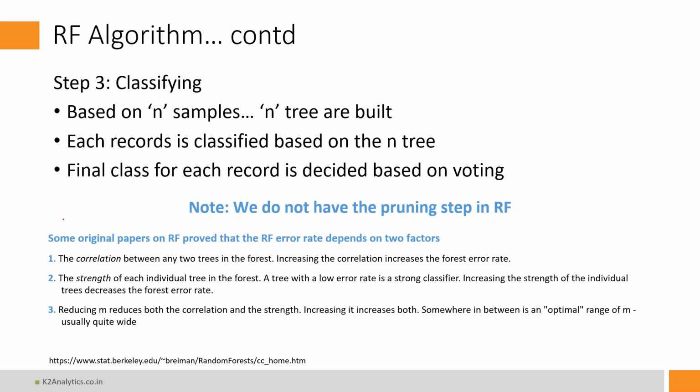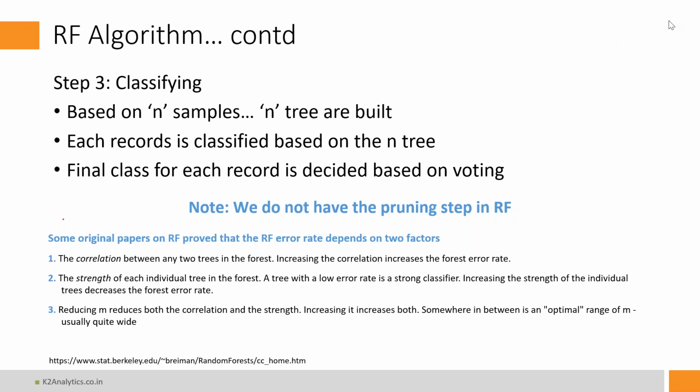The factor is what is the M that you select. If you select M too small, in that case what may happen is your trees may not be strong. And if you select M too large, in that case what may happen is your trees may be highly correlated.